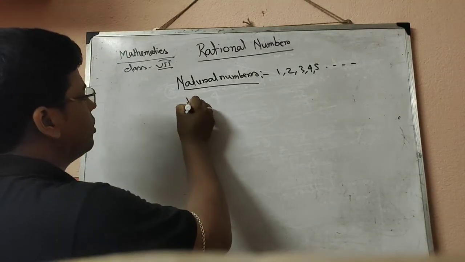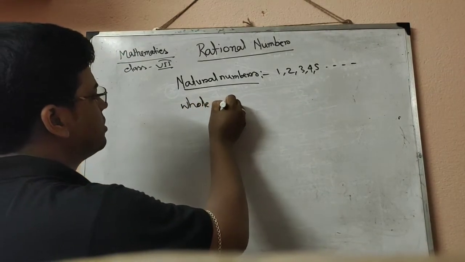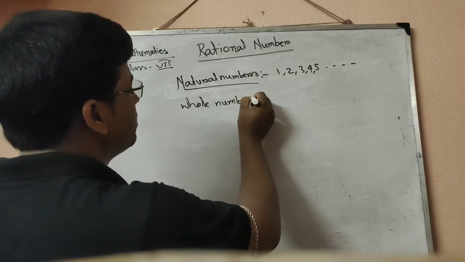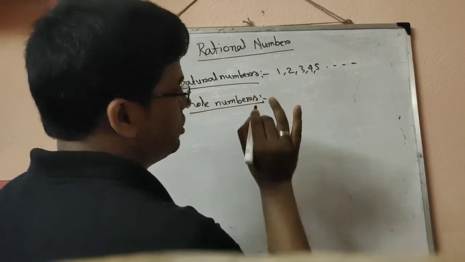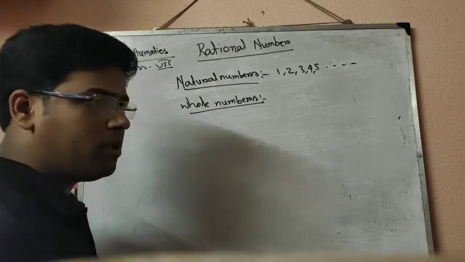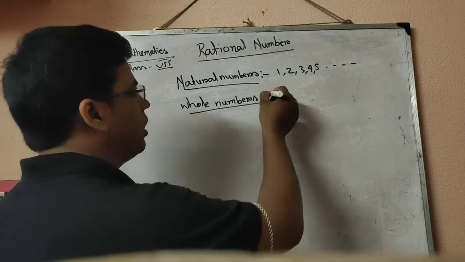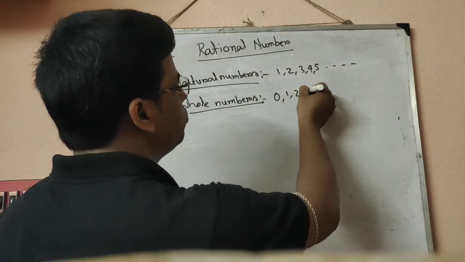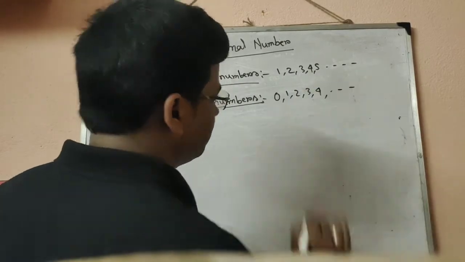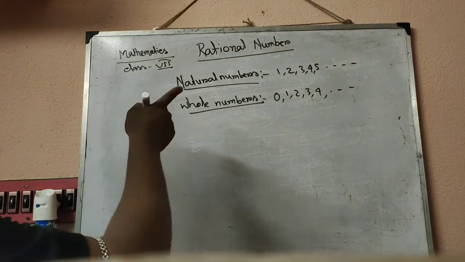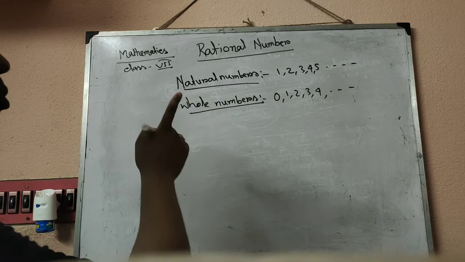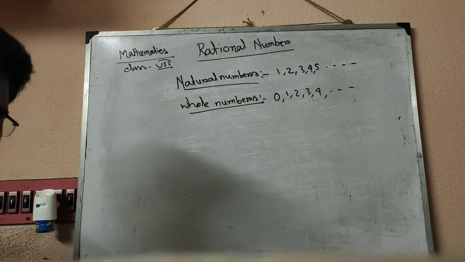Then whole numbers. Which are whole numbers? Any counting numbers including 0, all are whole numbers. That means 0, 1, 2, 3, 4, etc. So the smallest natural number is 1, but the smallest whole number is 0.